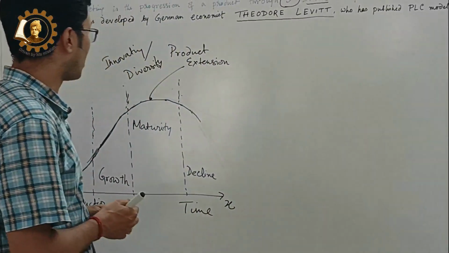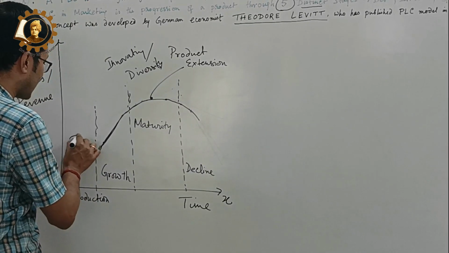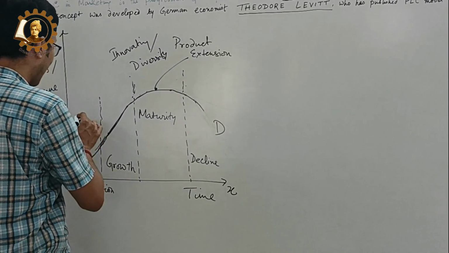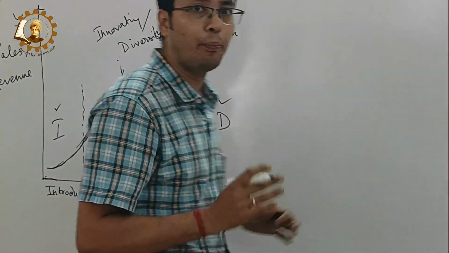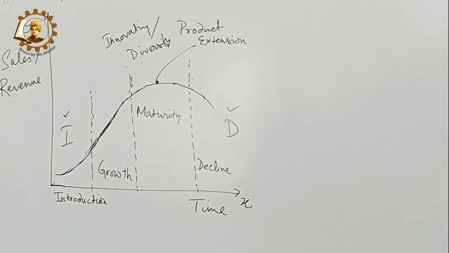Okay. So now if you talk about this, justifying this introduction phase and this decline phase, these two, I and D, we have to break it into two more parts, right?